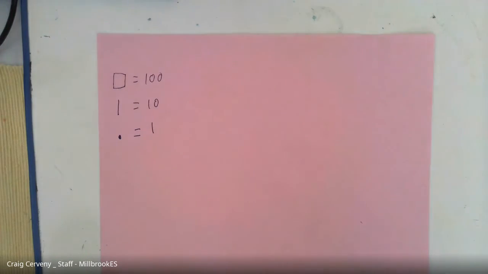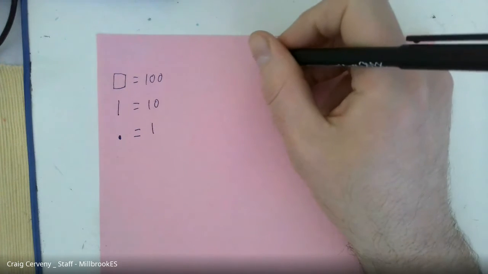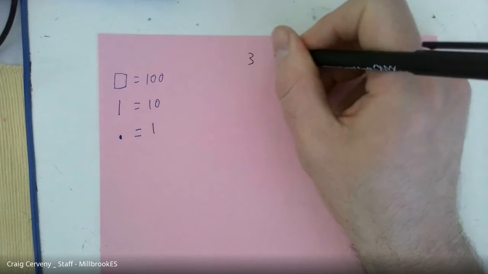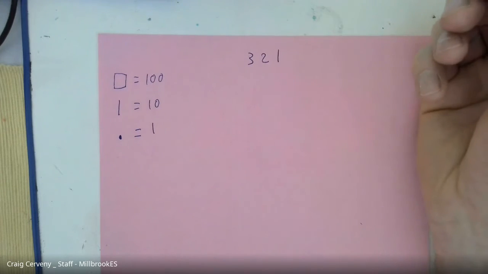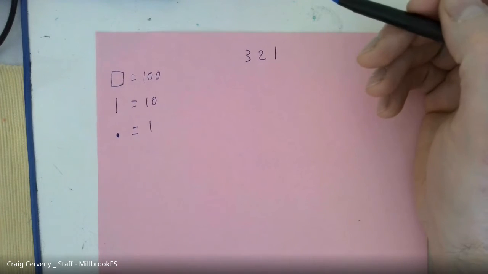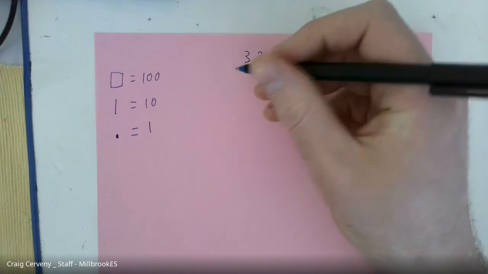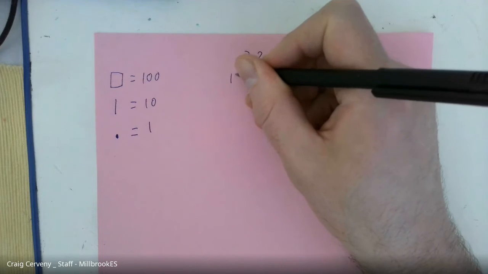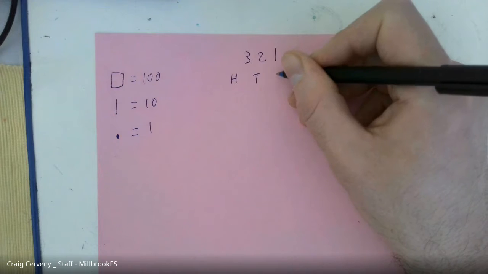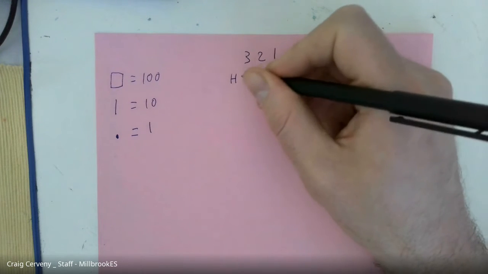So for example, if we're going to write the number 321, we wanted to use these base 10 models. I'm going to draw a place value grid here. So hundreds, tens, and ones.